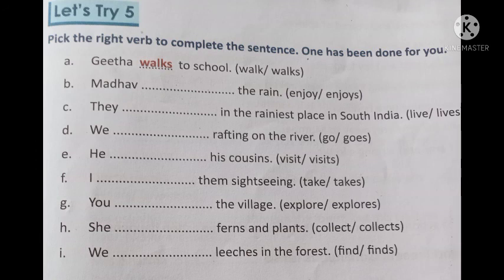The first one has been done for you. Geeta walks to school. In this sentence, walks is in the blank. Why? Because Geeta is singular subject, and we use s or es form of verb with singular subject. So that's why we have to recognize the subject.